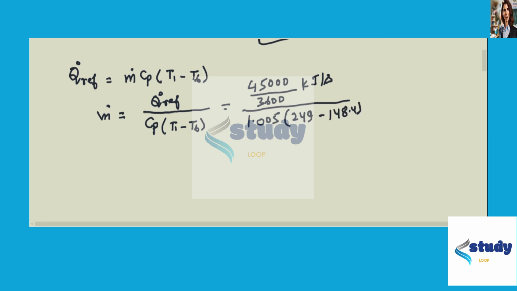So you will get mass flow rate to be 0.124 kg per second. That's all.